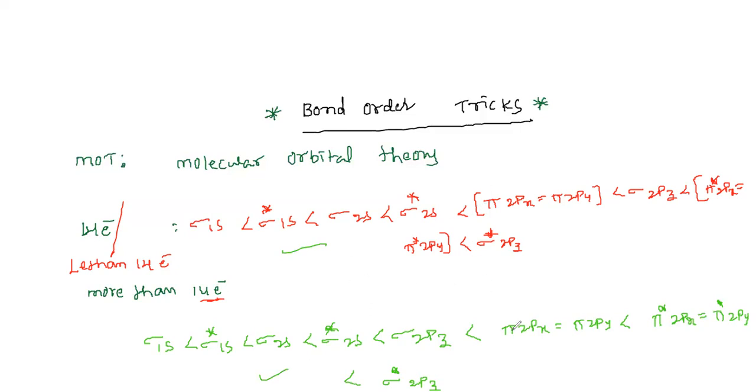Now I will give the trick to find the bond order. It is very easy, so just listen. Here I will write the number of electrons and the bond order in columns. I will draw a straight line here. Number of electrons, bond order, and again the same thing.